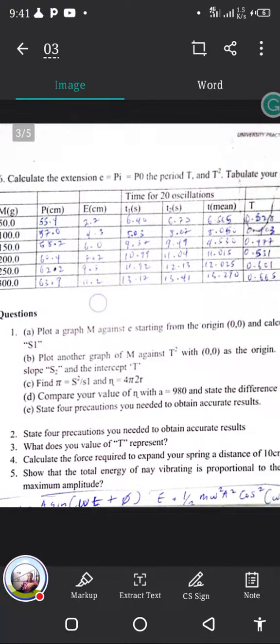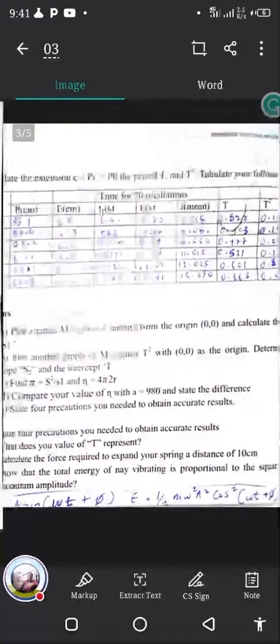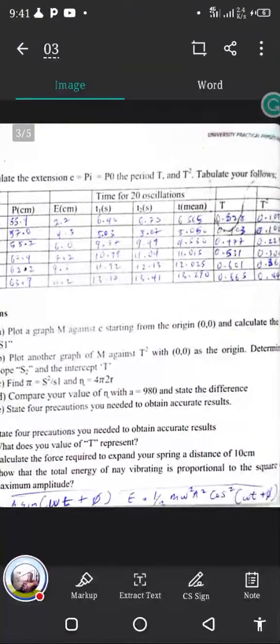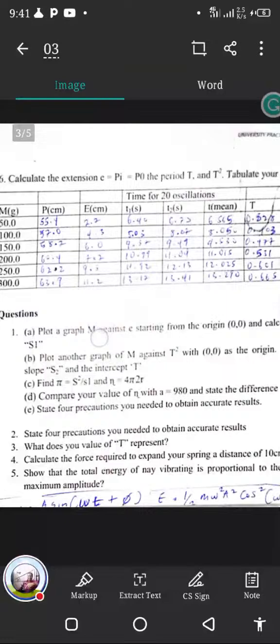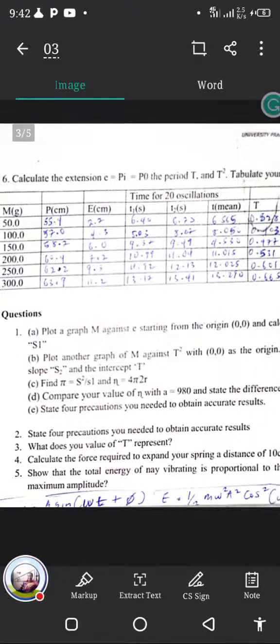Now the person whose work I'm trying to use did not record his original length. But from what we have here, the next column says e in cm. That is supposed to be small e and not capital E. So by the time you subtract your P naught from your P, you are going to get 2.2.